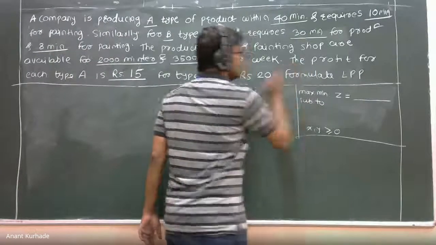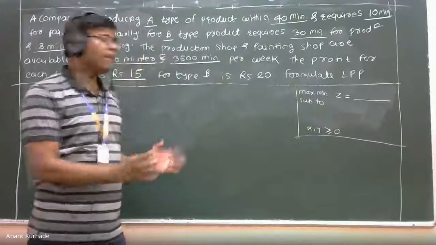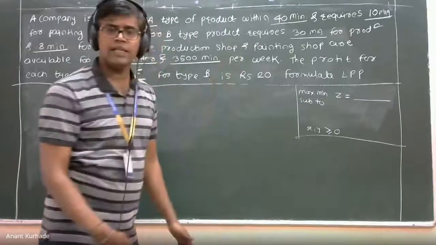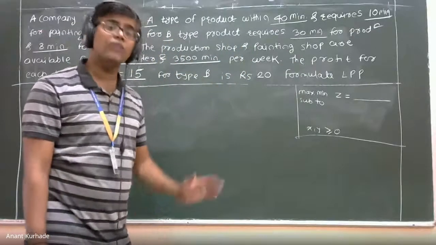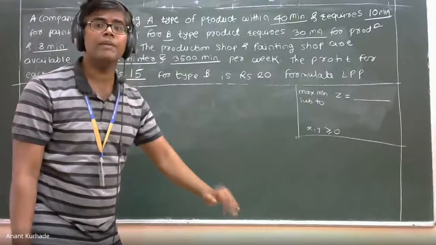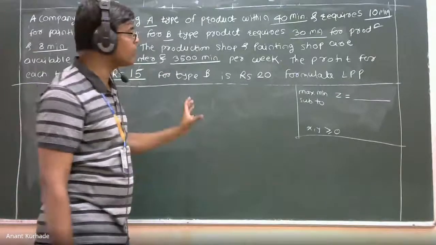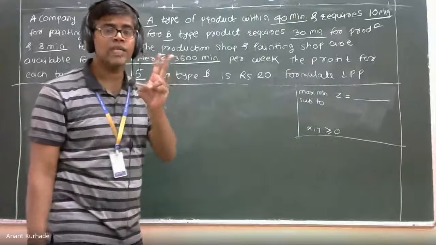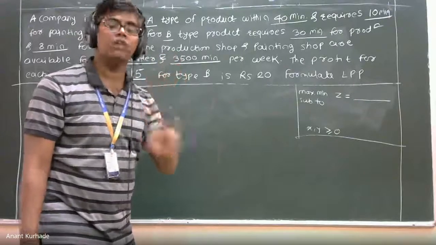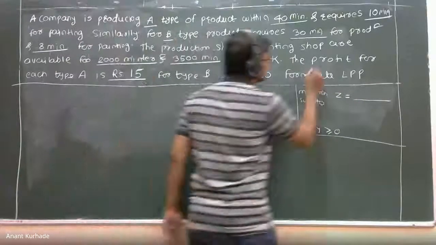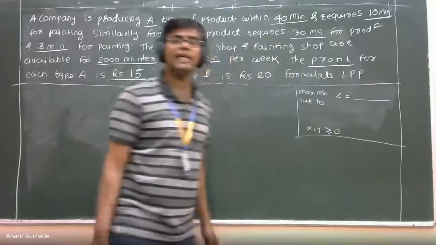Now, I have already told you, if you have the same type of problem, just find out whether you have to maximize profit or minimize loss. You only have to find two words, profit or loss, in the problem statement. What is given? It is given as a profit.